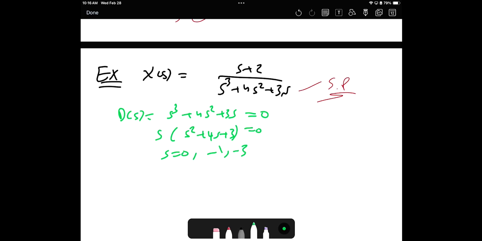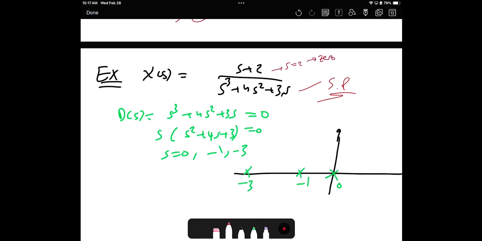So s equals 0, then we find s equals negative 1 and negative 3. If we need to plot the poles and zeros, there is a pole at 0, a pole at negative 1, a pole at negative 3. Looking at the zeros, s plus 2 equals 0, so s equals negative 2. Here at negative 2 there is a zero. That's if we need to plot the poles and zeros.